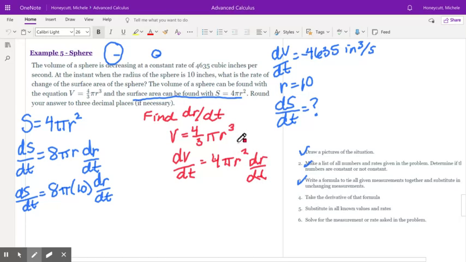And then, let's see, substitute in everything I know. dV/dt, negative 4635 equals 4 times pi. R was 10, so 10 squared dr/dt.